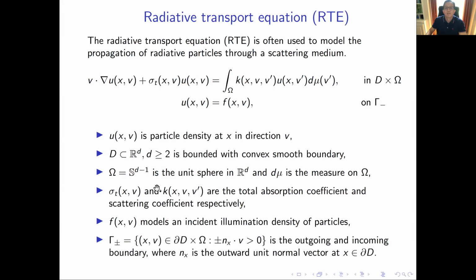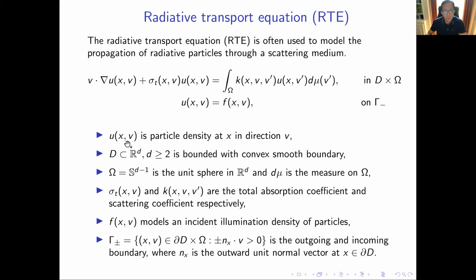I'm sure many of you know this radiative transport equation. This is the convection transport term. This is the total absorption, and this is the scattering. Without this scattering, it would be the typical X-ray model for computed tomography.